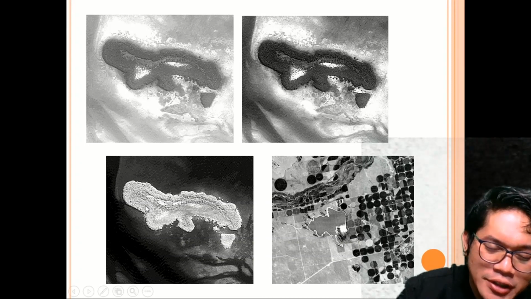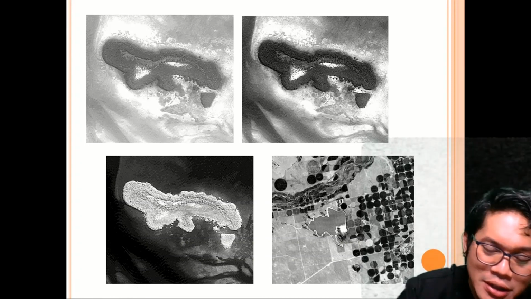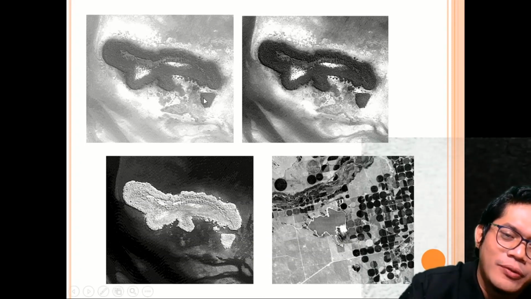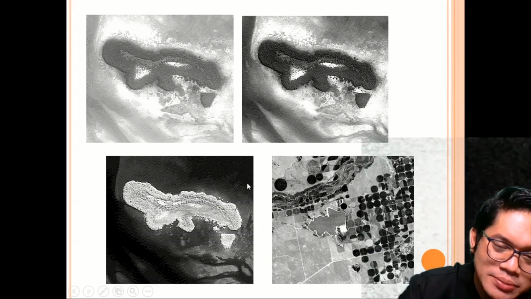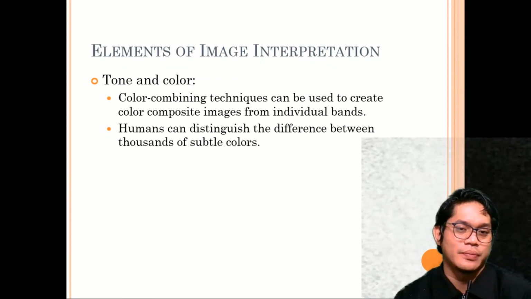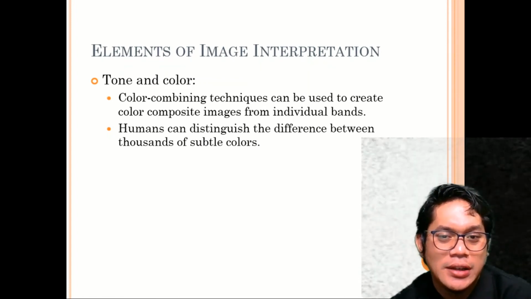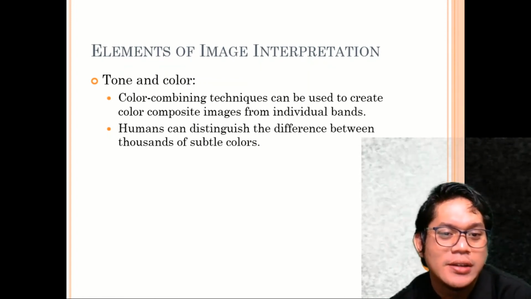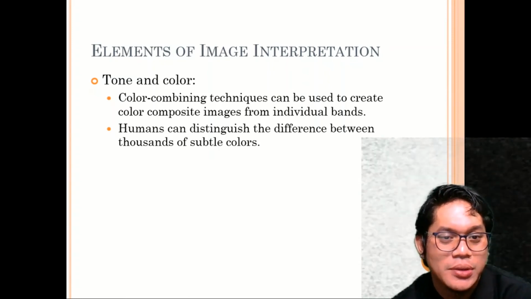So it can create some yellowish colors, something like that. If these three images are combined, it gives you a natural color. So color combination techniques are used to create a color composition image from the individual bands.